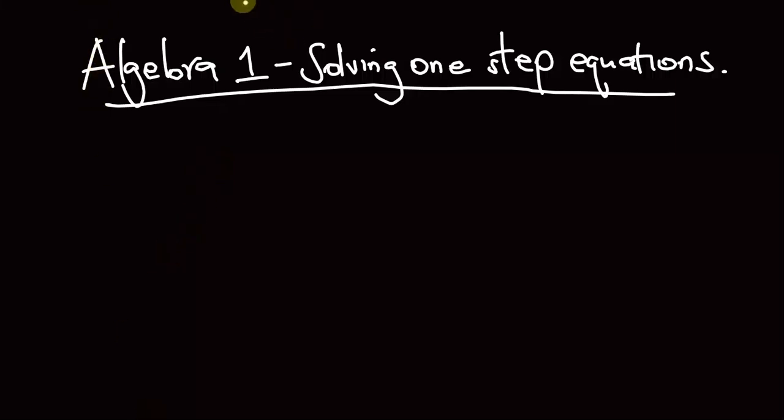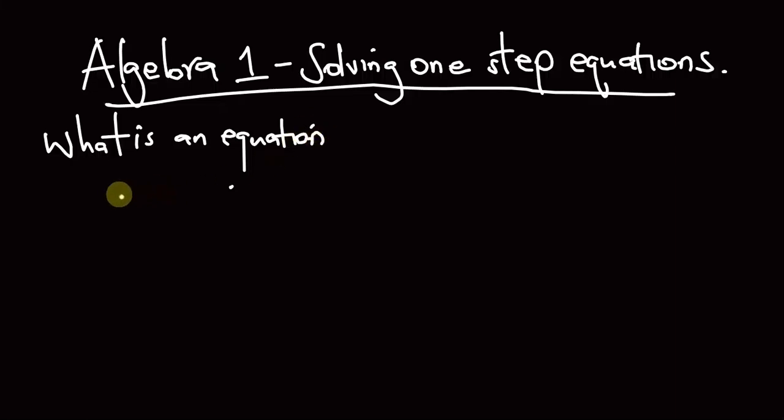Let's begin. What is an equation? Something like x plus 5 is equal to 12. So an equation is a mathematical sentence that has an equal sign.